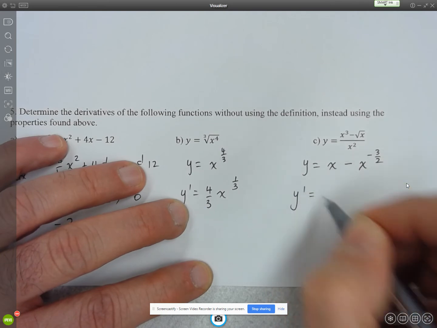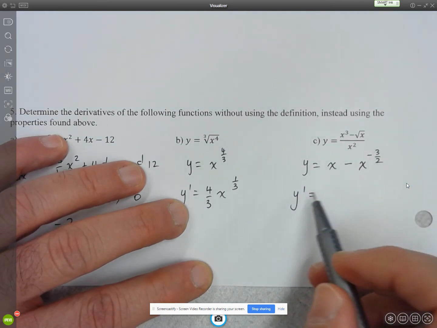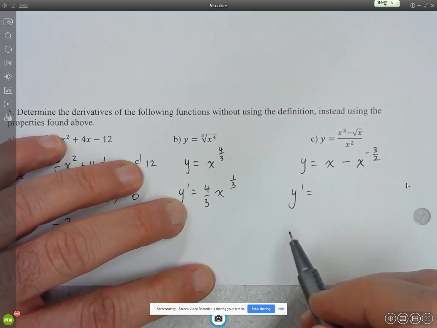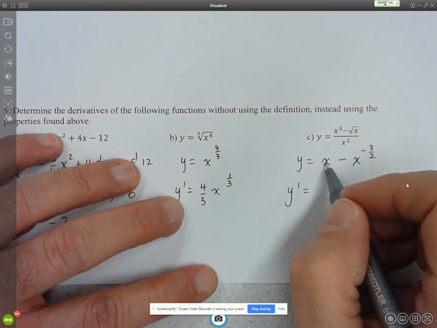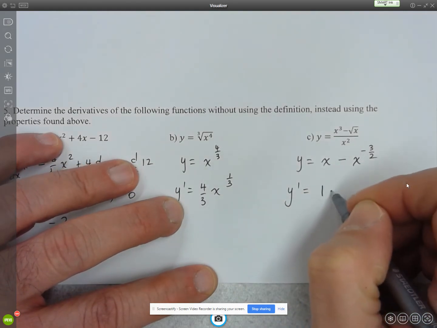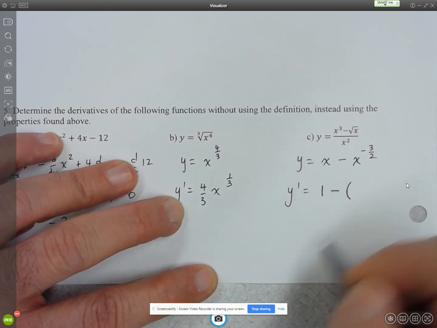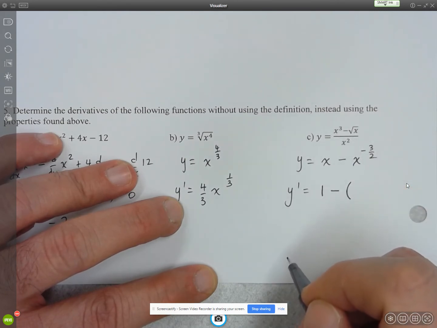So again, here you're going to see that I'm not going to write out that I'm taking the derivative of this difference, or the difference of the derivatives. I'm just going to do it in my head. Okay, so the derivative of the first one, derivative of x, is just equal to 1 minus, now the derivative of this expression, again, I'm going to use brackets to make sure I don't make any silly mistakes.